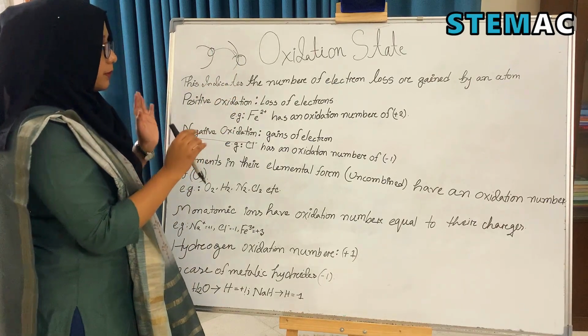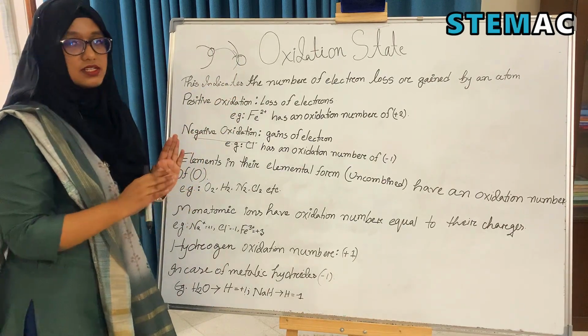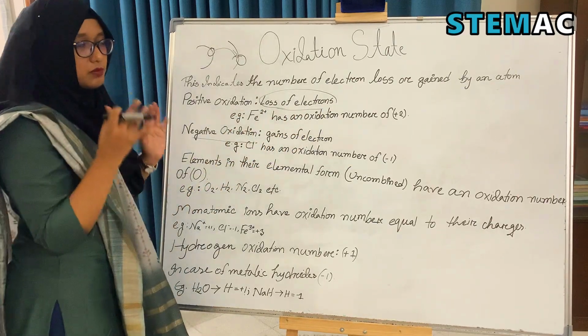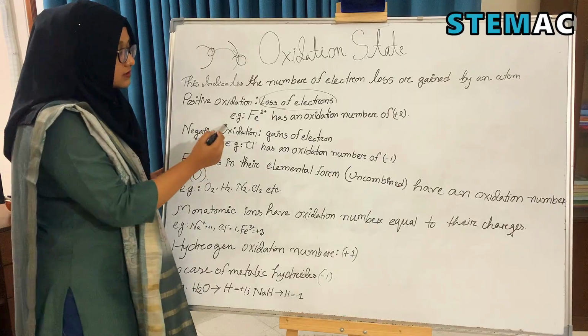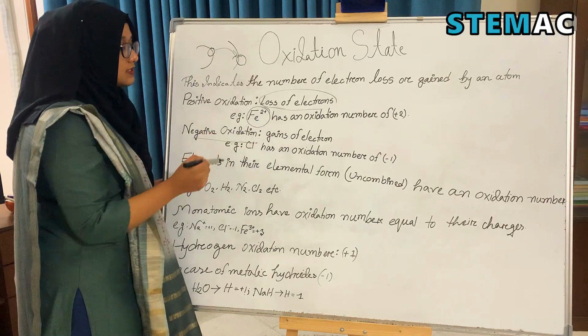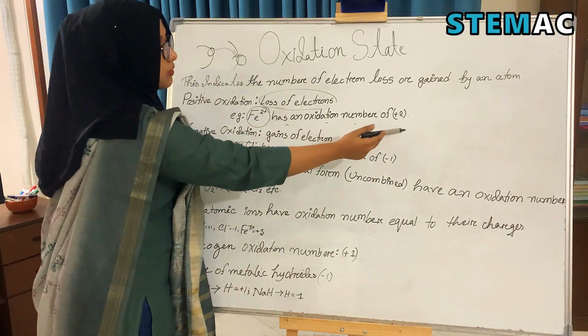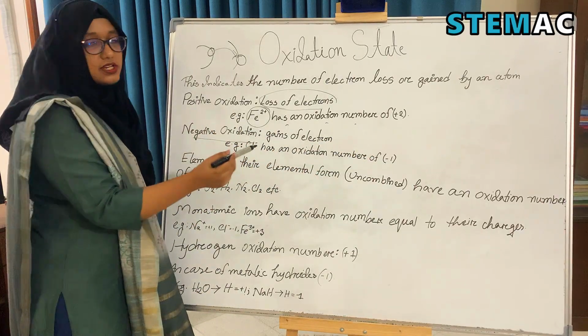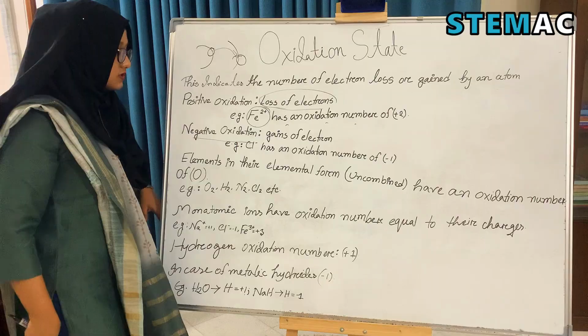In the case of positive oxidation, we know that it is the loss of electrons. Example: iron 2 plus has an oxidation number of +2. That means iron can lose 2 electrons and give them to other atoms.